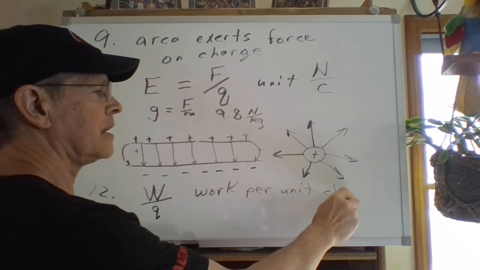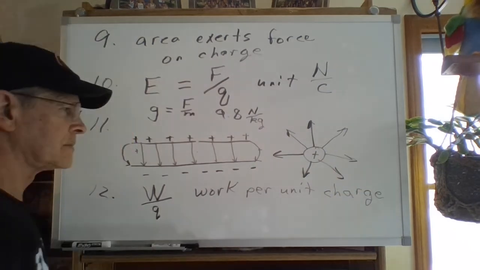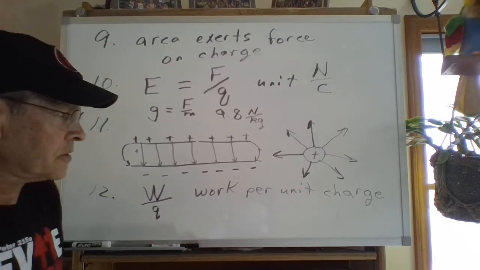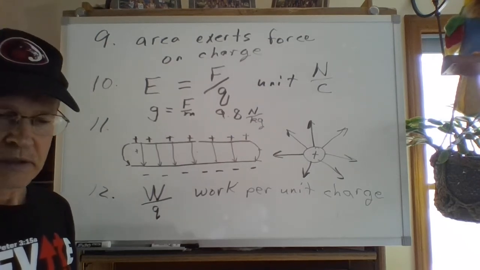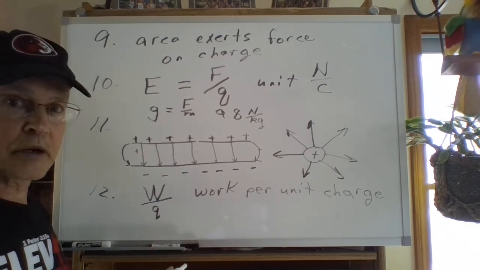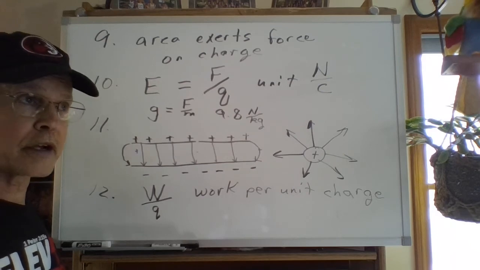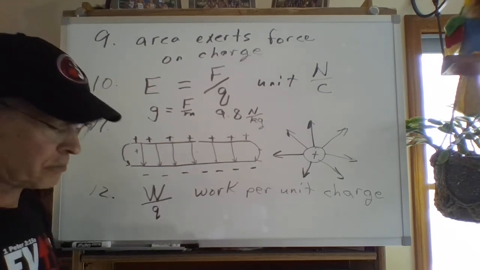Math says it a lot more succinctly with symbols. Work per unit charge. It's called electric potential difference. Not only would that charge do work, but it would take work to make it go back where it came from. It can do both.